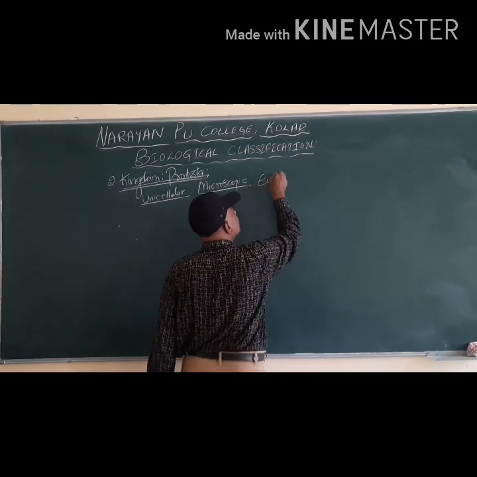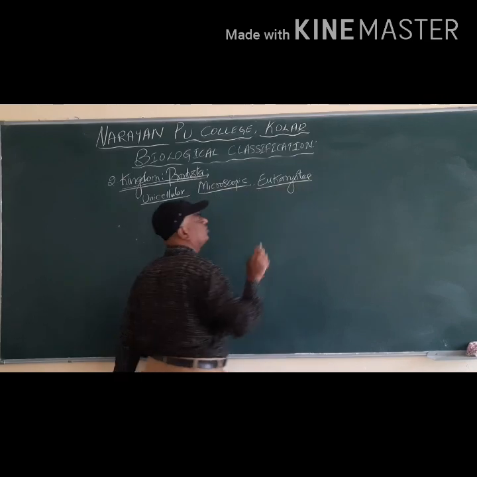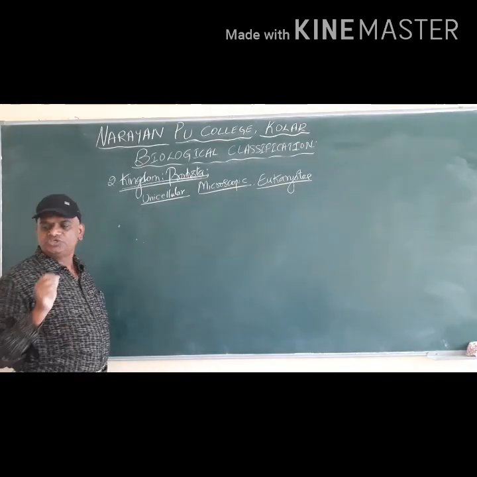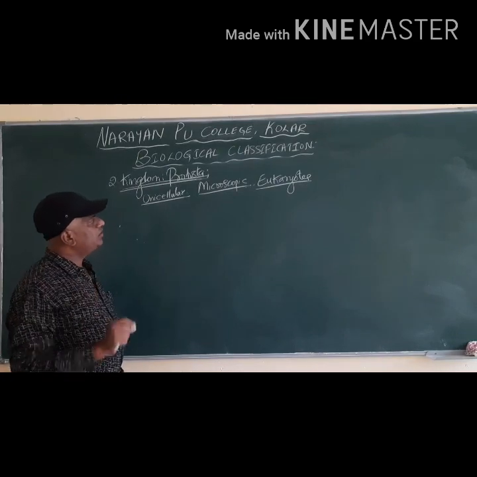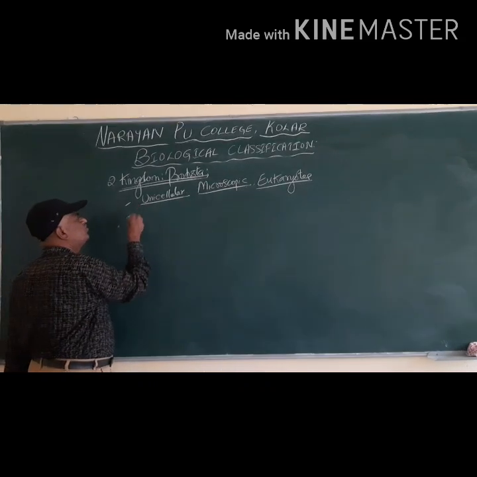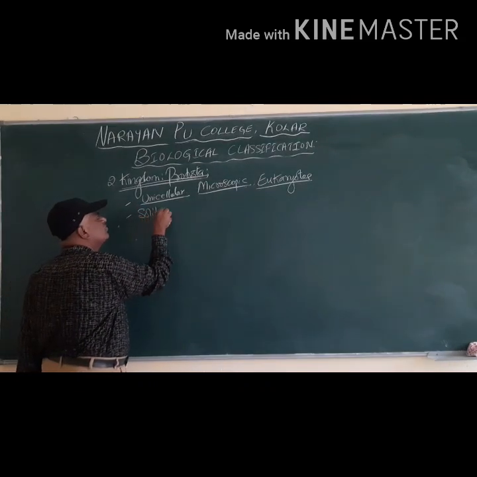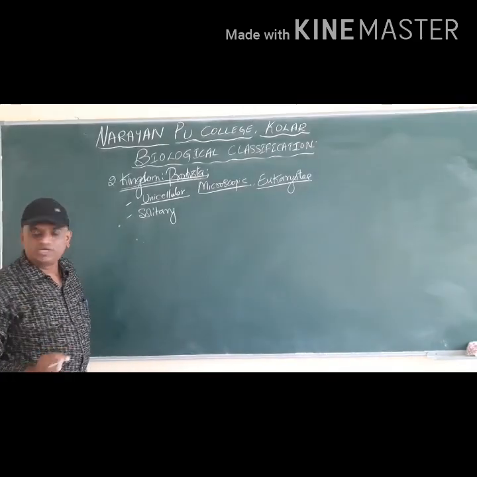Next, eukaryotes. They are called eukaryotic organisms. Here there is a presence of well-developed cytoplasmic organelles with a well-developed nucleus. Next, the organisms coming under kingdom protista are solitary.